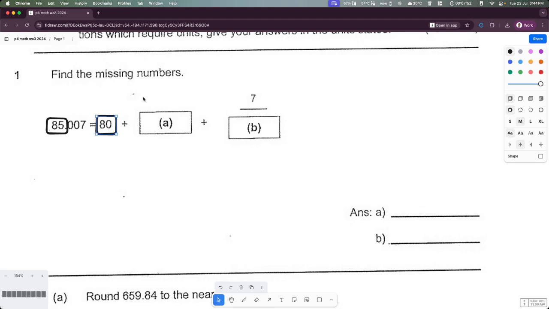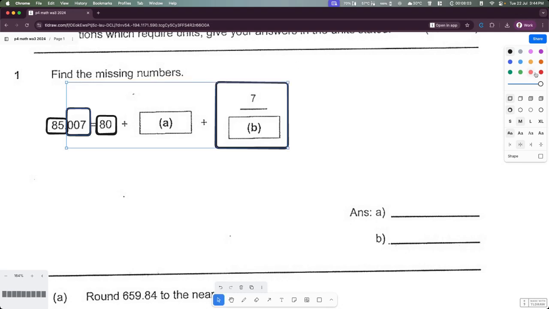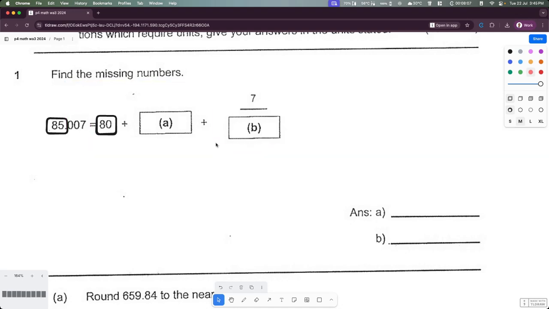Why we want to focus on the whole number first is because the 7 over here is the decimal part, which is not what we want right now. So right now we just want to focus on the 80 first. 85 is equal to 80 plus what?